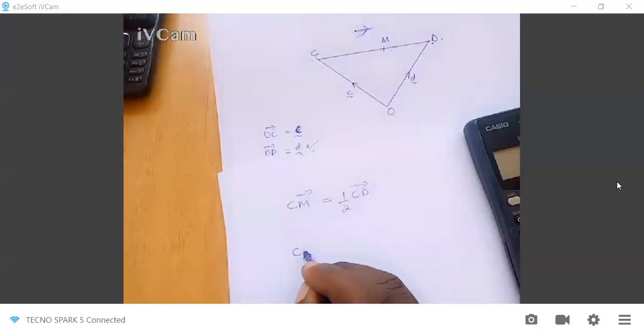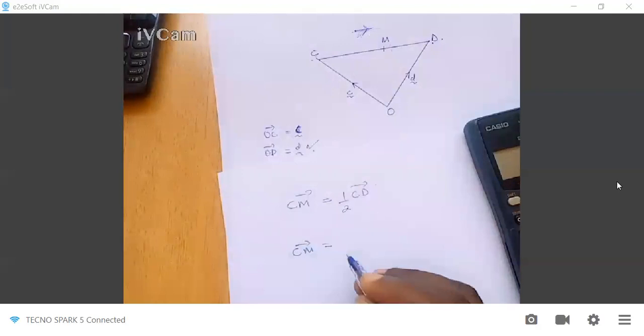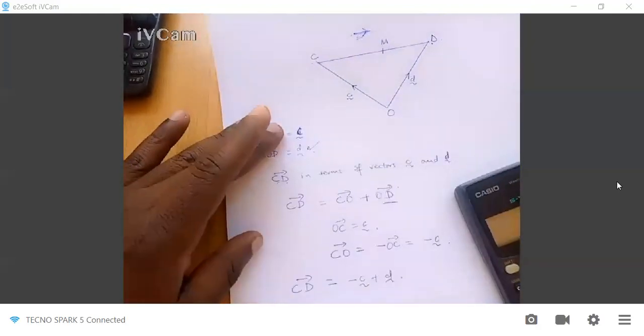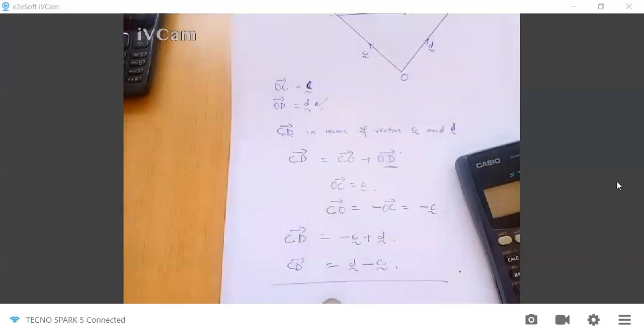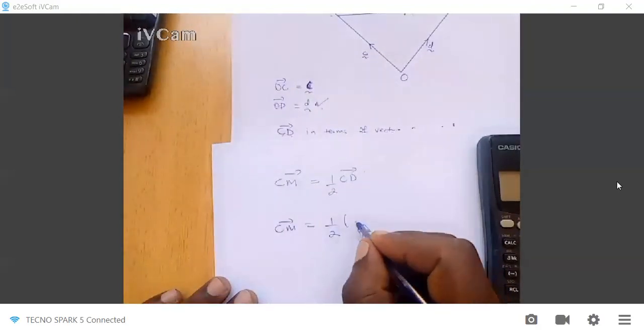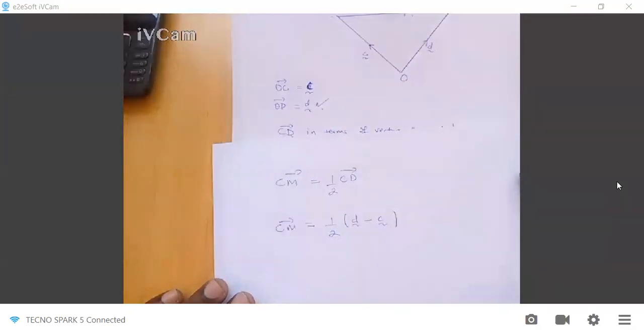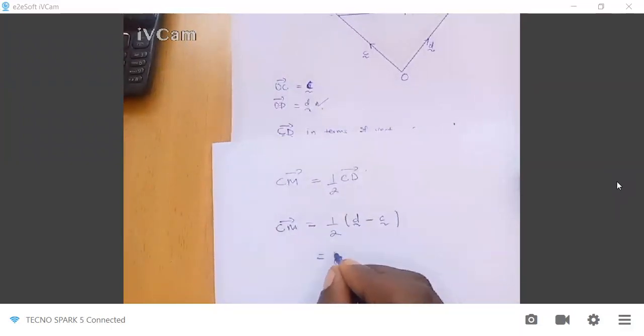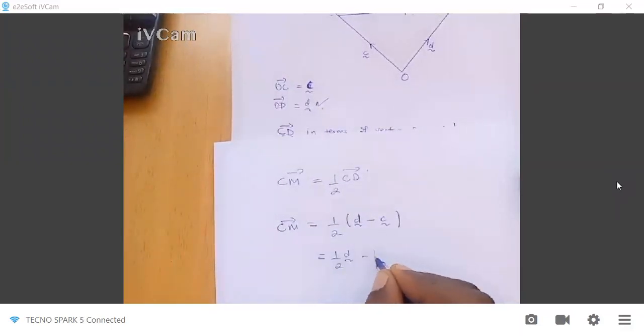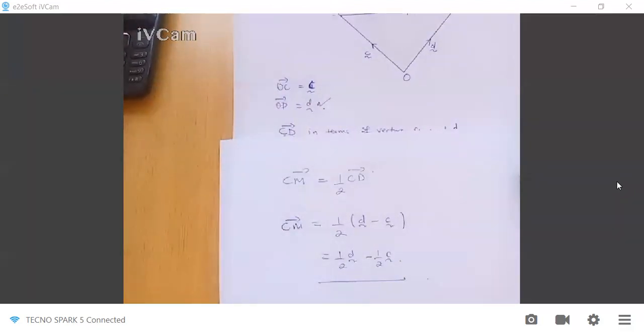So we shall say CM is equal to a half, and we got our CD as D minus C. So we shall write a half of D minus C. So CM is a half D minus a half C. And that is the answer.